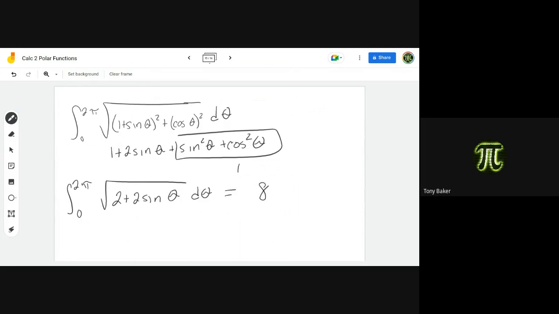Since you can't do it by hand, you have to use Desmos for it, and it equals 8. So the arc length of the cardioid, if we go all the way around it, is 8.